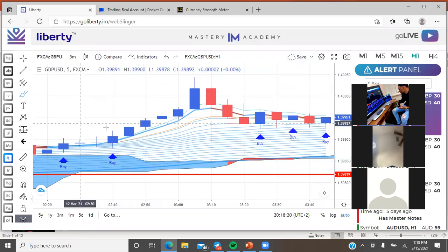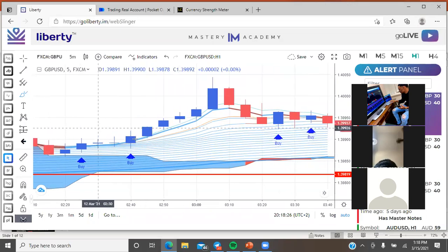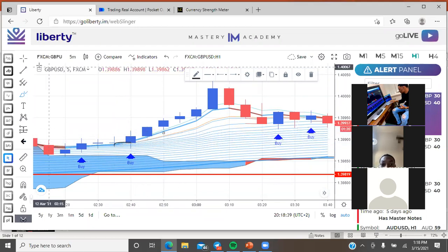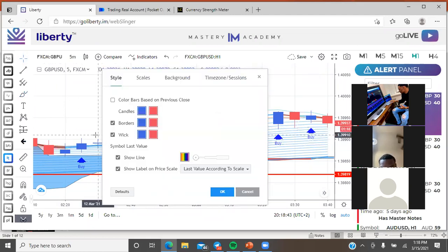After that, family, this is your third confirmation. Make sure you're paying attention. You have to have this blue line right here. Hold on one sec, let me make this thick. I got to make sure y'all seeing this.